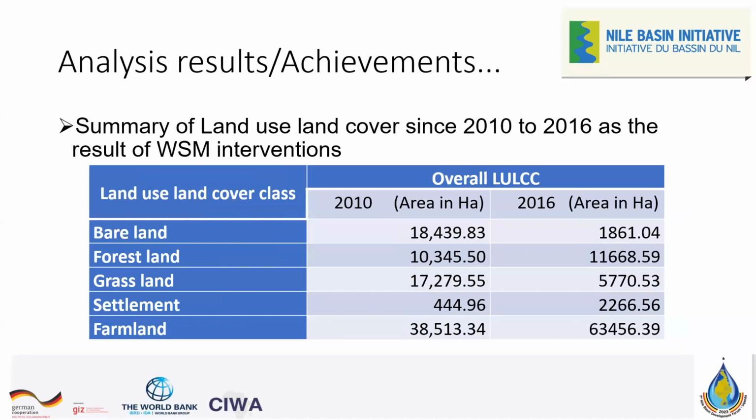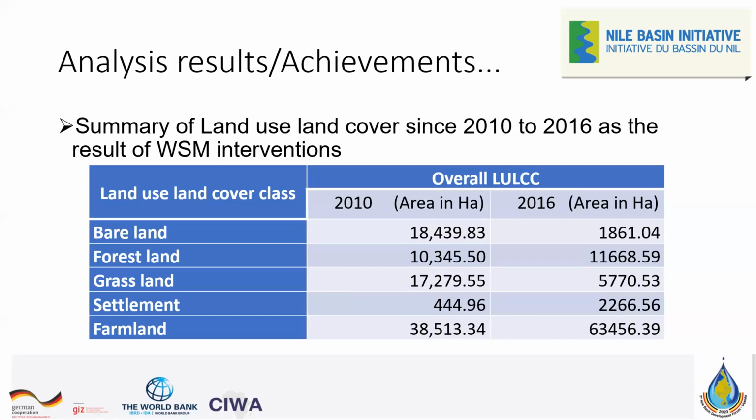This is a summary of land use, land cover change since the implementation of this project. In 2010, the bare land cover of the area of intervention, the area identified, was about 80,439, but at the end of the project, it reached about 1,860 because this bare land was under implementation of this project, and due to that intervention, really the area which was bare land was converted to productive land.